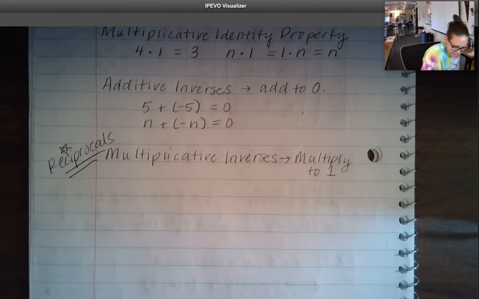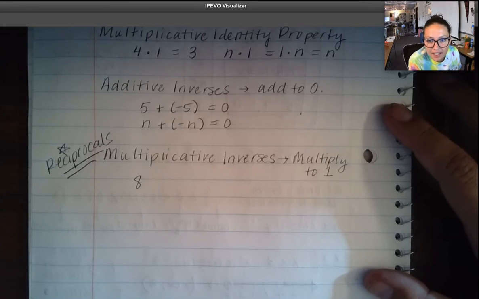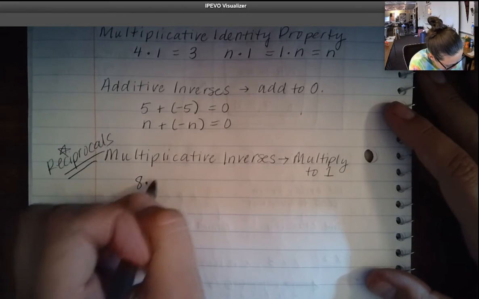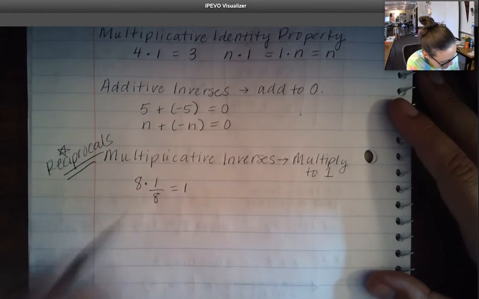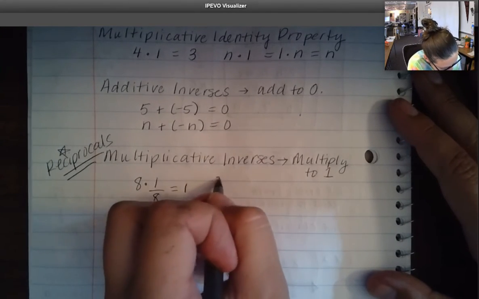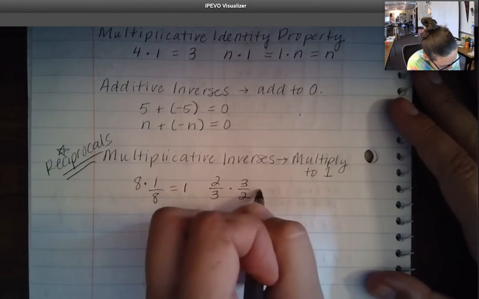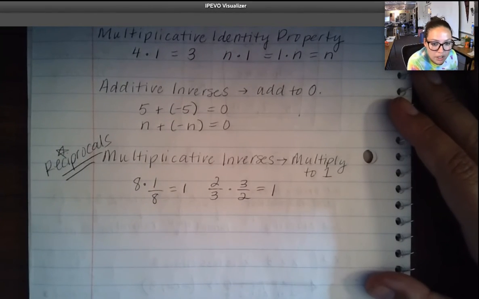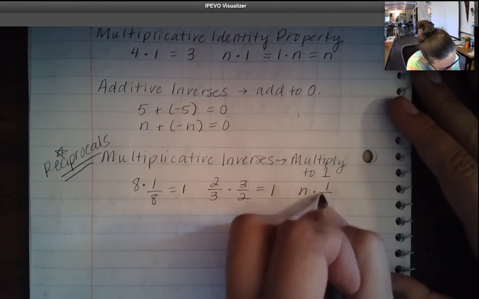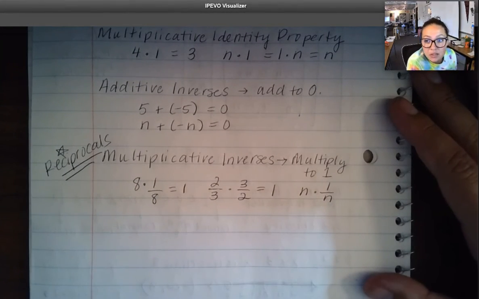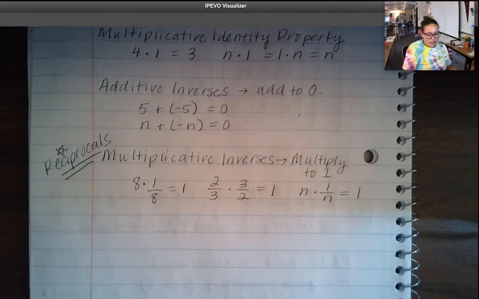So, for example, if I do 8, what times 8 gives me 1? Well, it's 1/8. 8 times 1/8 gives me 1. What's another example? 2/3 times 3/2 equals 1. And in general, if I have some number n, its reciprocal is 1 over n, and I multiply those together, and I get 1.